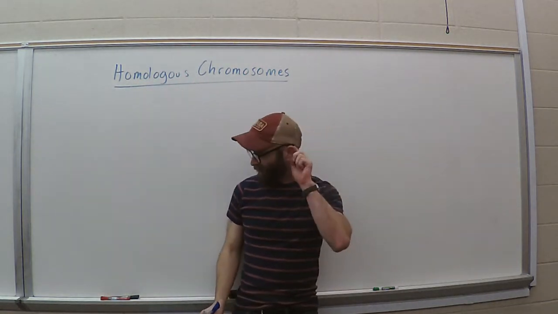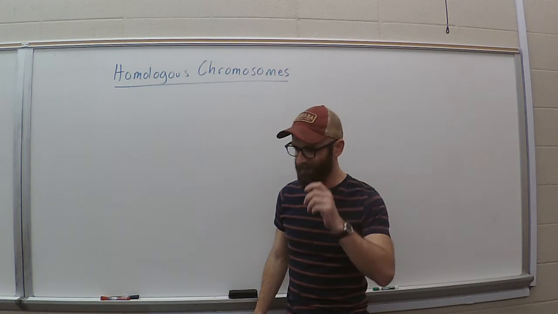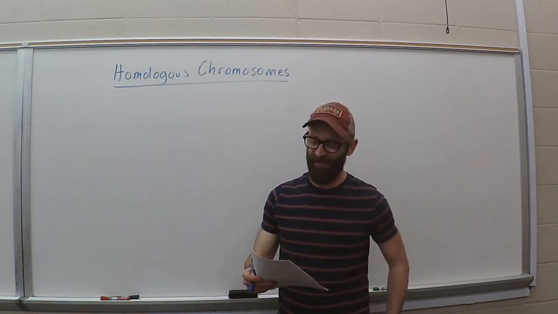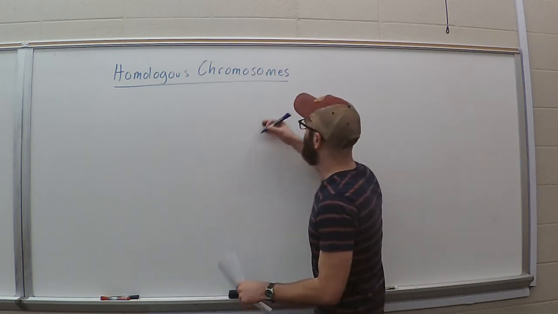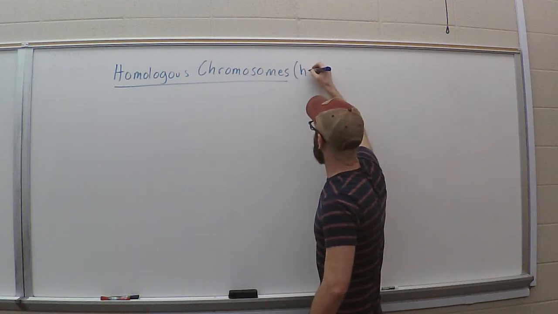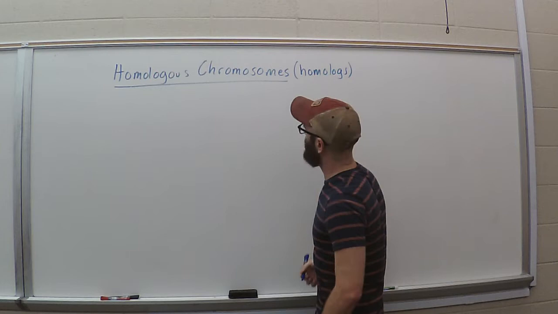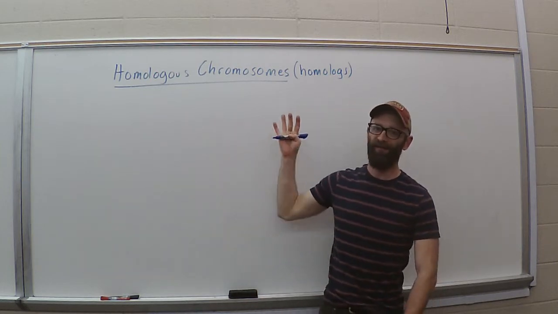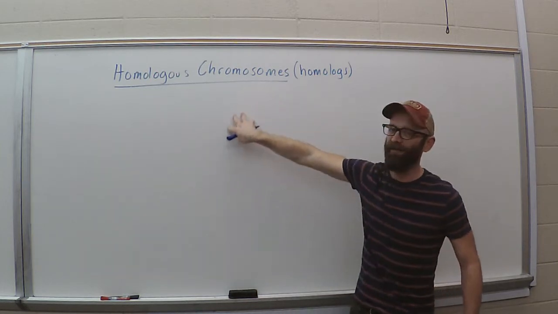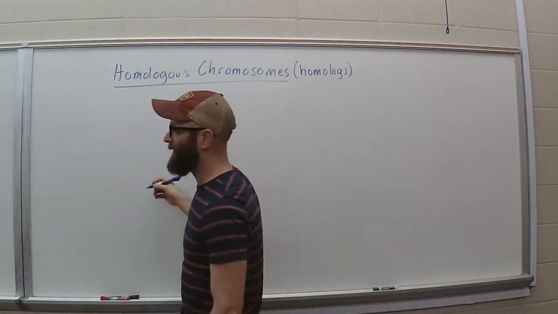I talked about this when we were talking about mitosis in the last chapter. Another name for these, I'll shorten them. It's a lot easier to just say homologs. So if I say homologs, I mean homologous chromosomes. So what exactly are they?